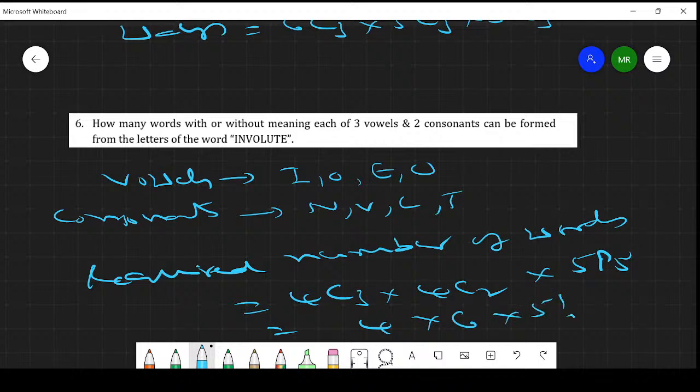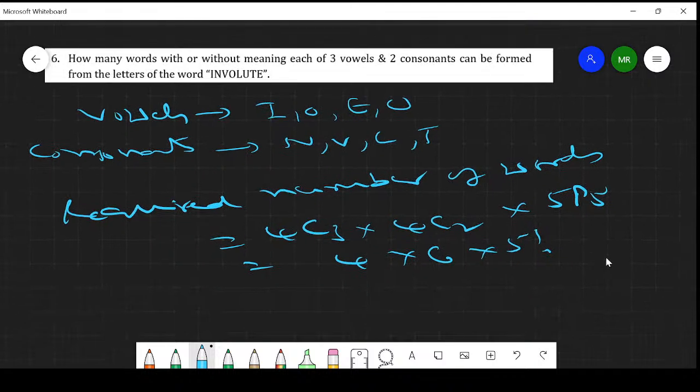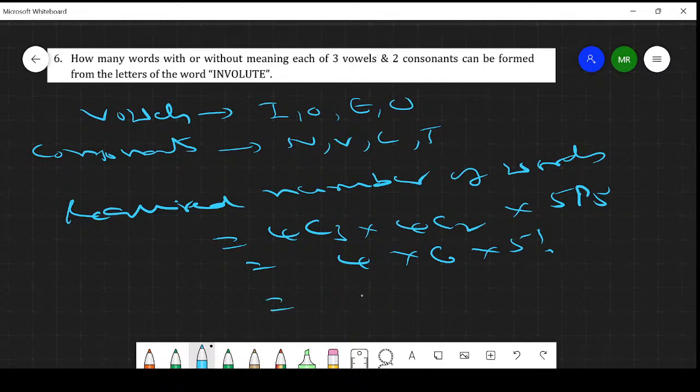So 24 into 120 gives 2880. This is the required answer.